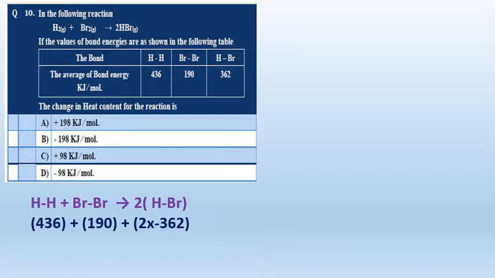So it will be 2 multiplied by negative 362, as it is in the product. Pay attention, in bond energy, anything in the product I must put with a negative sign. The answer here will be negative 98 kilojoule per mole. So the answer will be letter D.